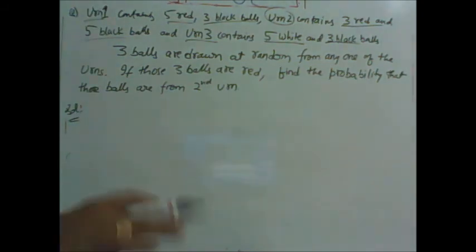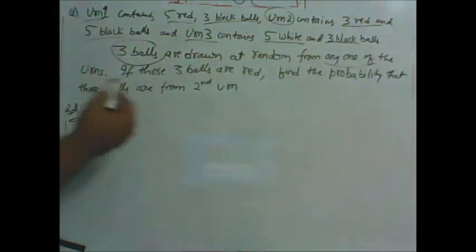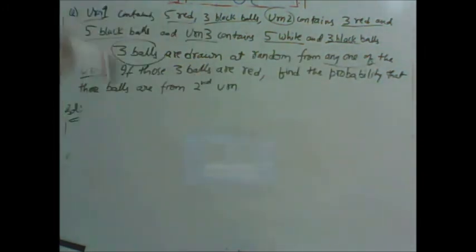Now 3 balls are drawn at random from any one of the urns. He is not saying which urn. We take from any urn, by closing our eyes, just taking 3 balls. We don't know which urn we are taking from, and we don't know which balls we are taking out.